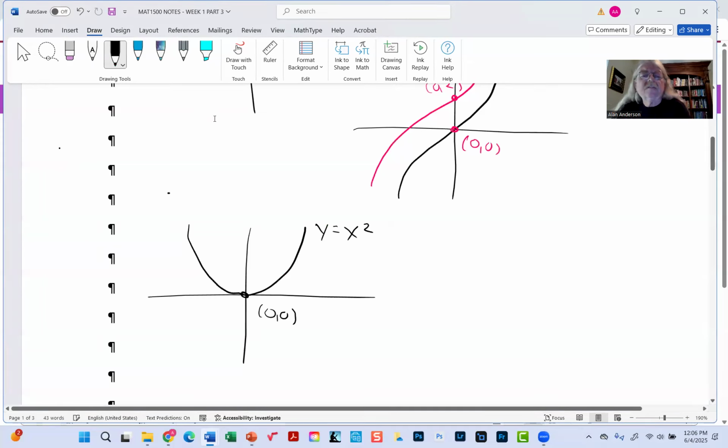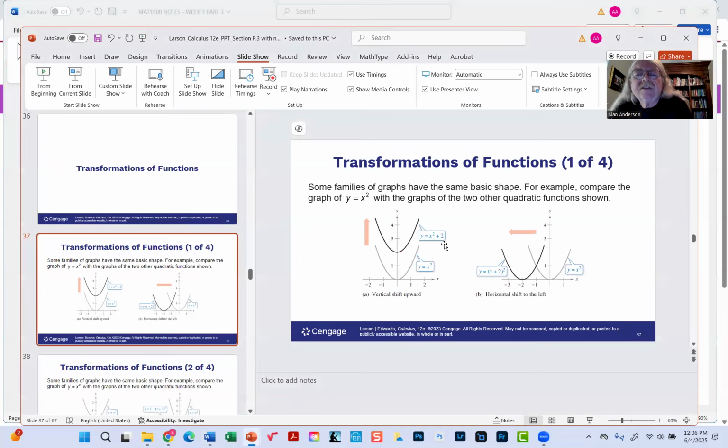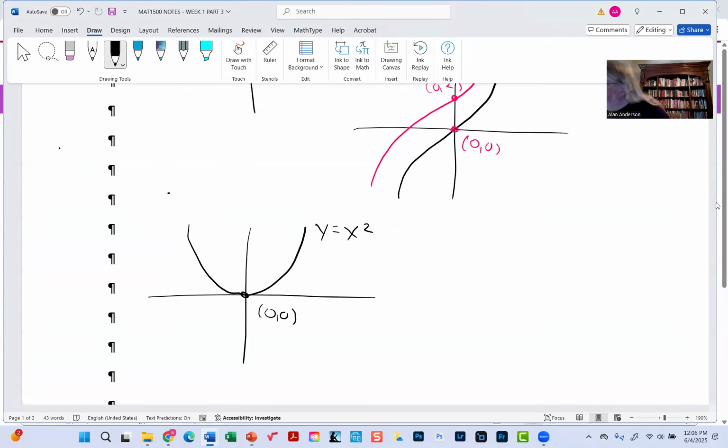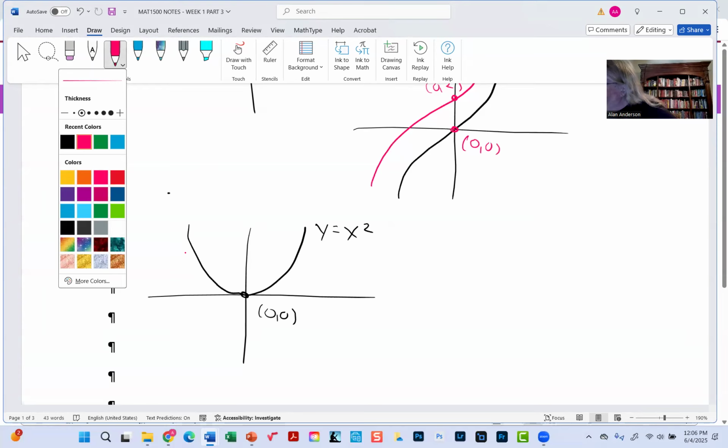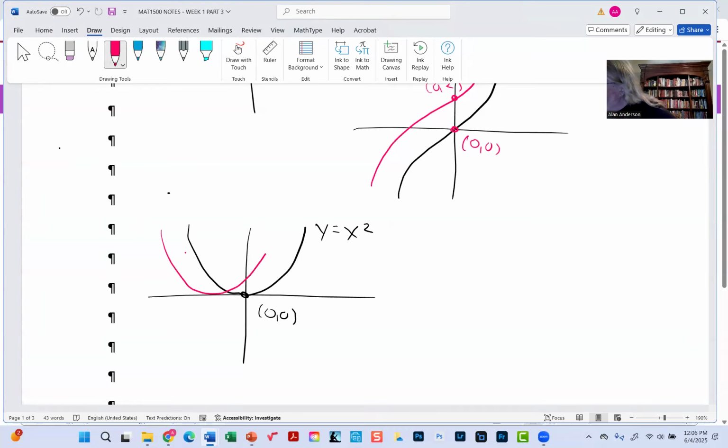But surprisingly enough, if I add a 2 in the parentheses, it shifts the curve to the left.